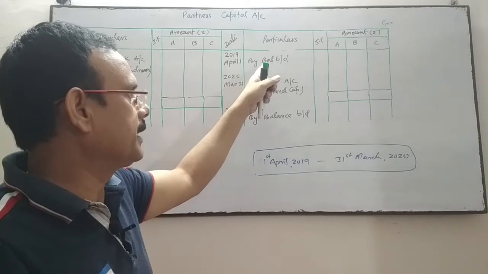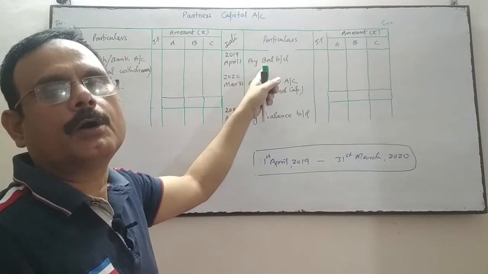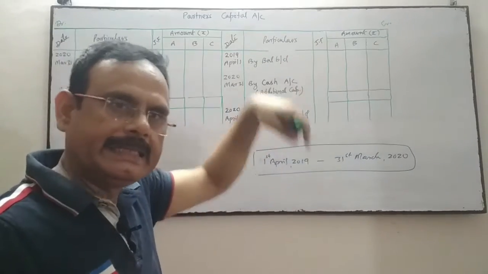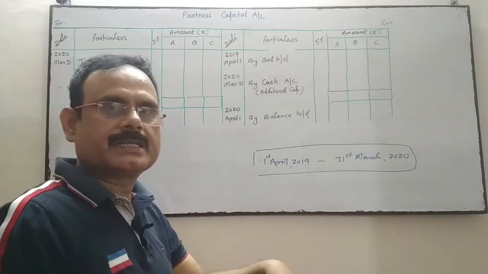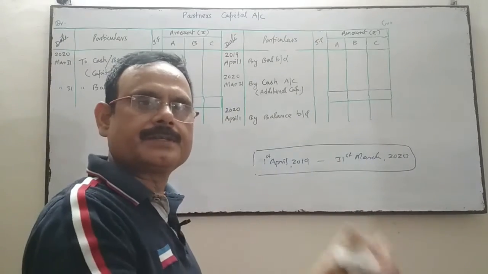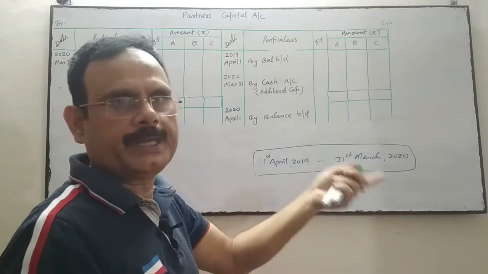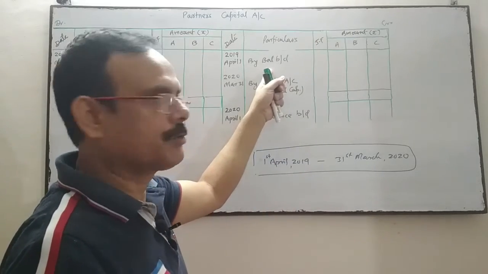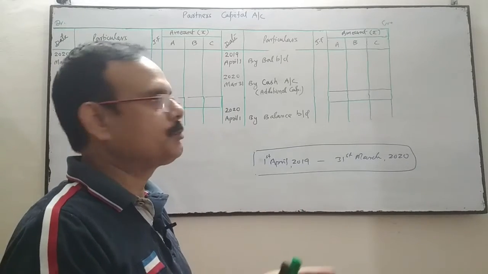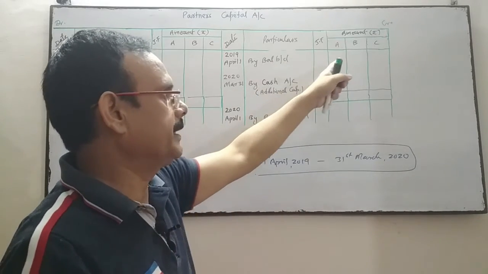Then we will write over here by cash or by bank, because capital is introduced in this year, because business started this year. Otherwise, if the business exists in the previous years, then the 2018-19 balance will be brought down to this financial year.